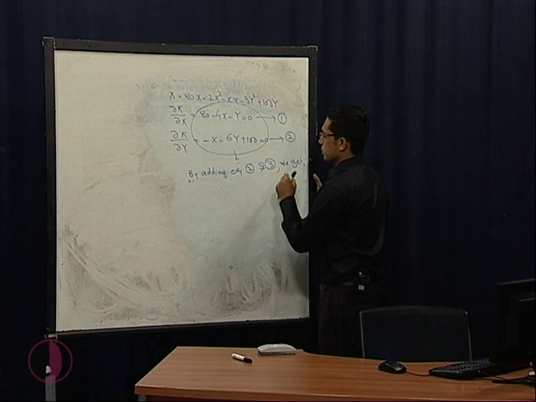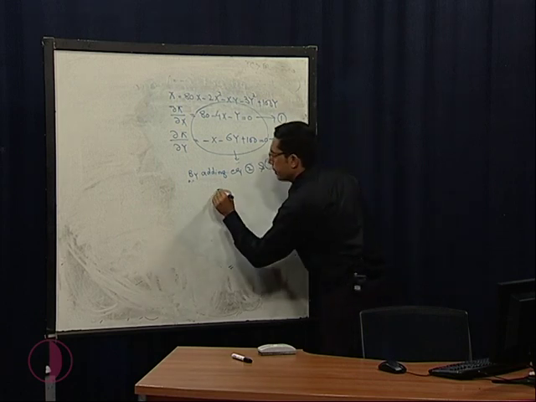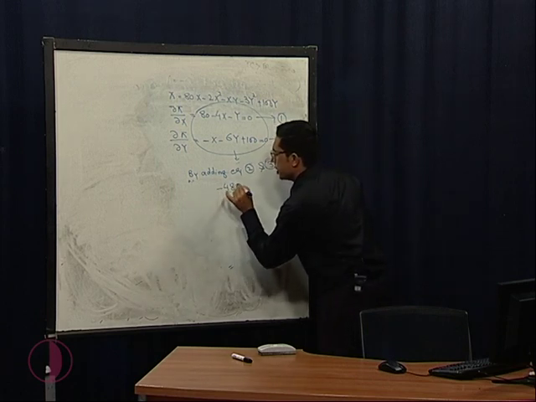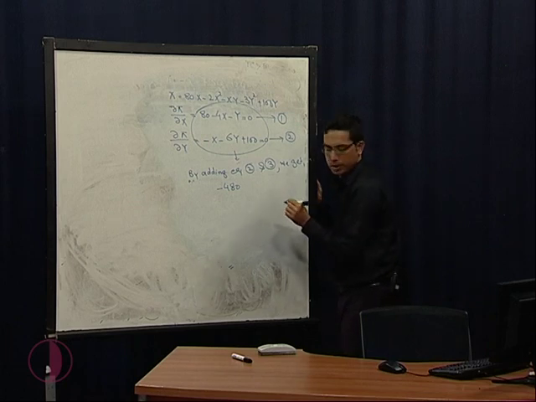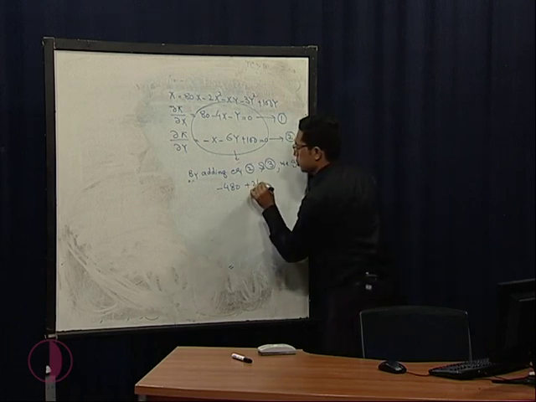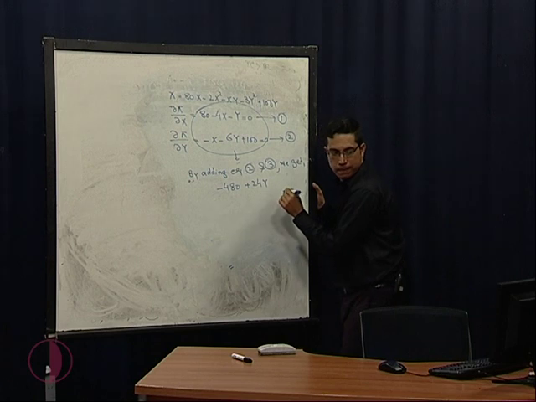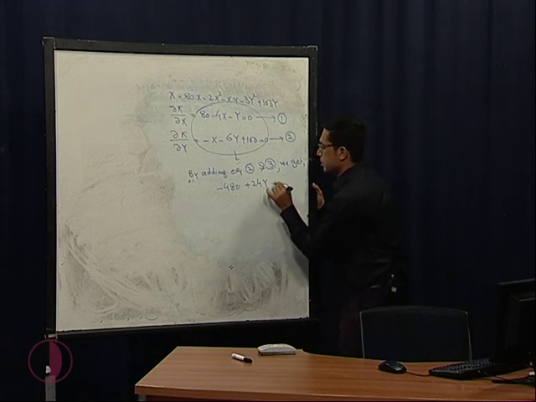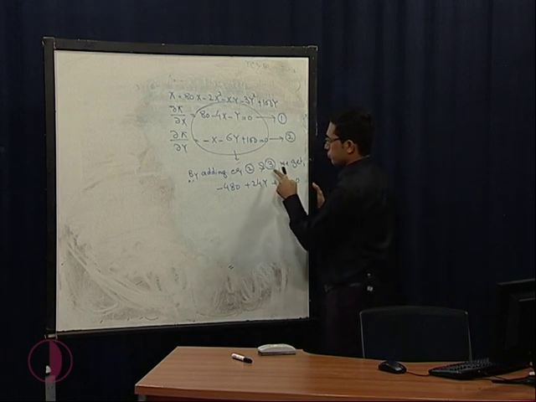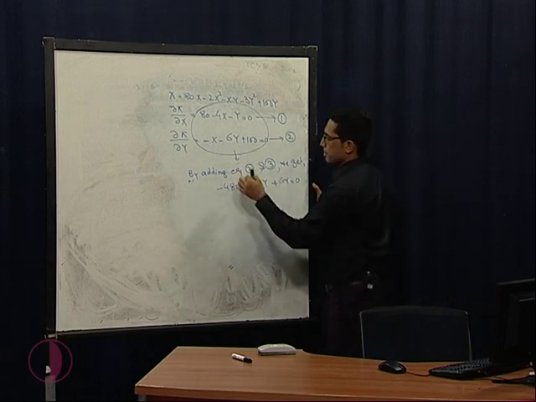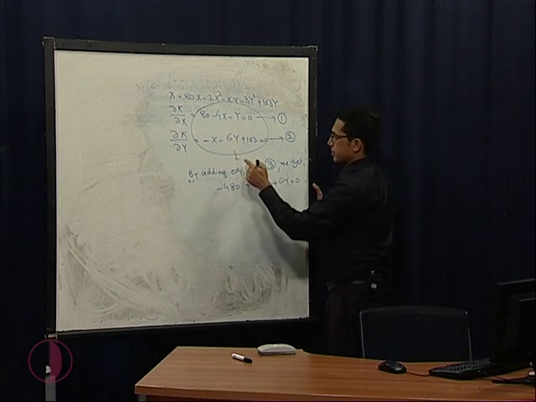This is equation 2, and equation 3 was minus 480 plus 24x plus 6y equal to 0. Equation 2, minus x, but rearrange it.